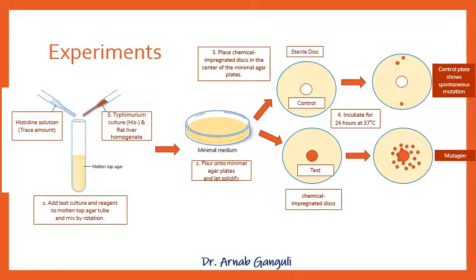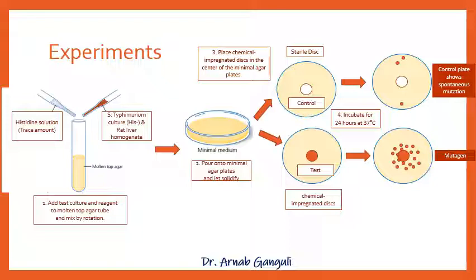So, this is the experiment section. Here a tube containing molten agar with the histidine auxotrophic Salmonella typhimurium, rat liver homogenate and a trace amount of histidine are mixed together by rotation and then poured onto minimal agar plates and allowed to solidify.